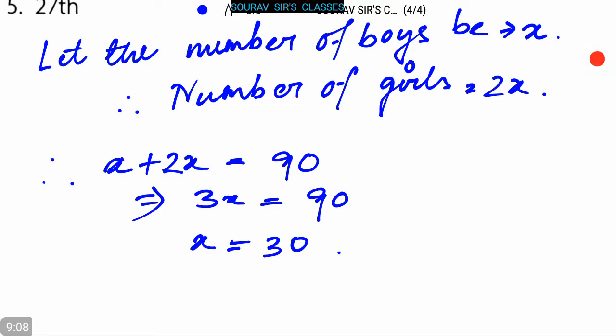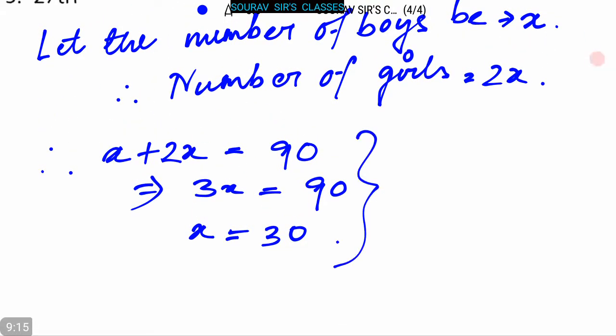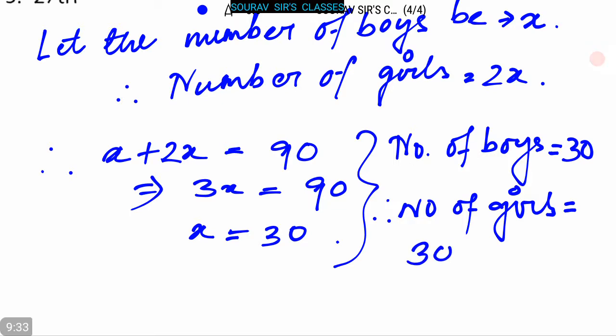Now x is equal to 30, that means the number of boys is equal to 30 and the number of girls is equal to 30 into 2, that is twice the number of boys, so this is equal to 60.